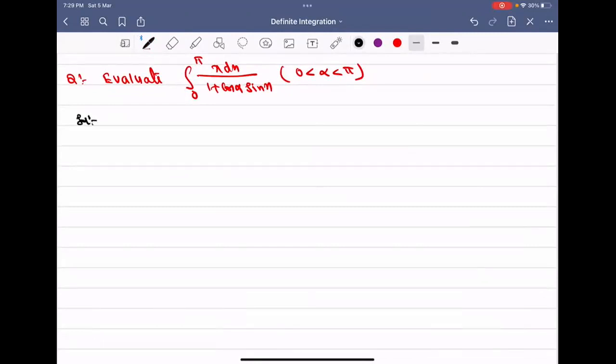So again, to solve this question, use this result. Integration of 0 to a f of x dx is equal to integration of 0 to a f of a minus x dx.